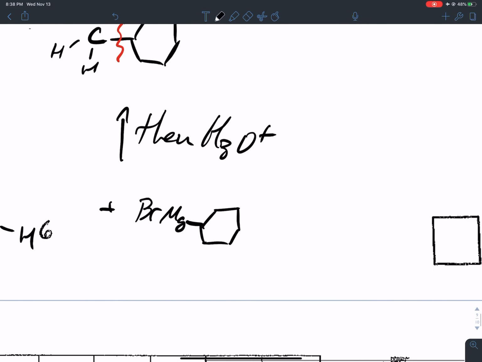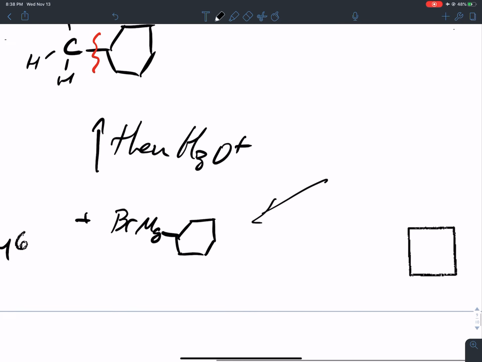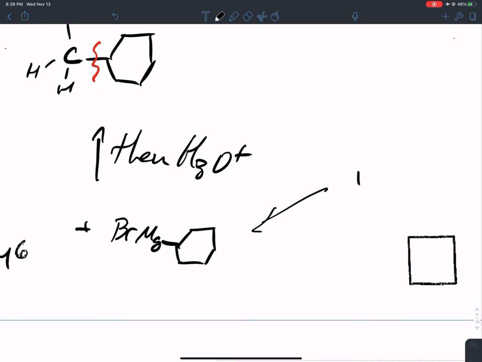So let's go ahead and make this Grignard. What do you make Grignards from? It's going to be an alkyl halide. You're going to use magnesium and ether. I heard Dr. Bean prefers THF if you want to specify an ether.